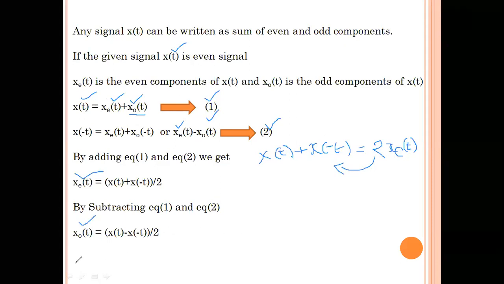So x o of t is equal to x of t minus x of minus t divided by 2. You must remember these two equations to find the even parts and odd parts of the function x of t.